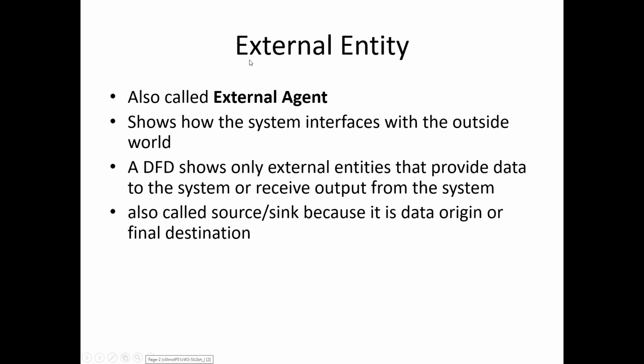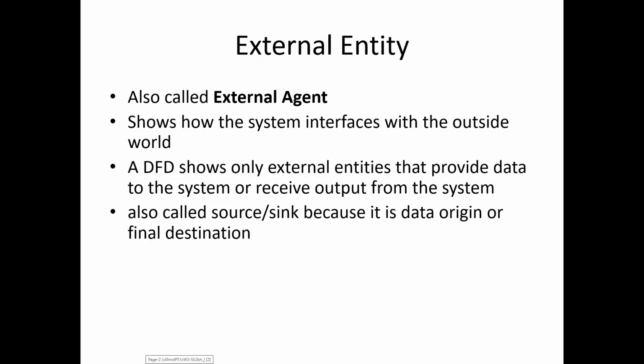The last element is called external entity. It is also called external agent. External entities are entities outside of the system we want to develop. Of course, in the external environment, there are so many entities. We only show external entities that either provide information to the system or receive information from the system.